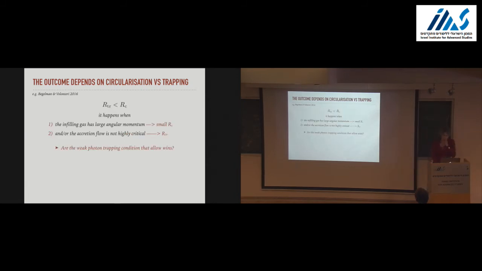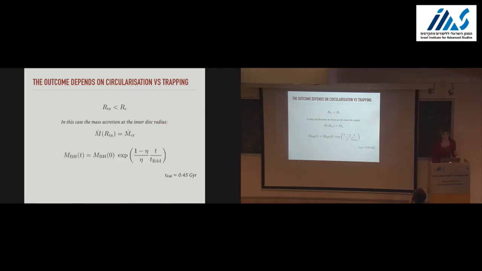In which systems do we see it? In systems in which the infalling gas has large angular momentum, and/or the accretion flow is not very highly critical. That's what I said, between 1 and 100 times the critical value.